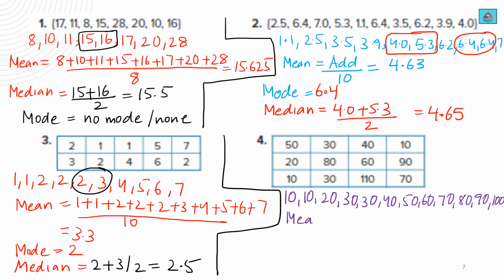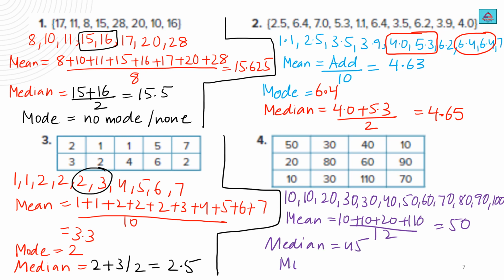So when I take mean, I divide by 12. So I add all the numbers till 110, and then I divide by 12. So this is 50. Median is 45 and mode is 10 and 30.